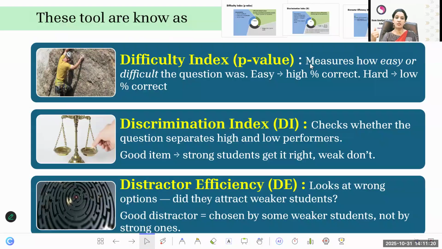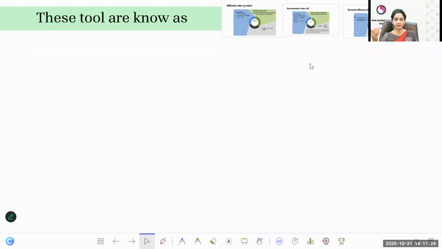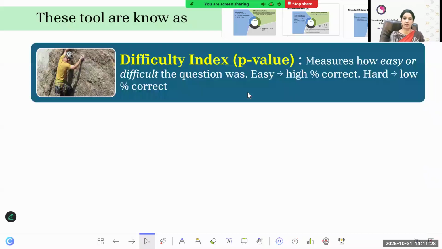So these tools are known as, like I said, the first one is the difficulty index, which is also known as the p-value or the proportion value. This difficulty index is also known as the facility value, and it measures, like I said, the verbatim.